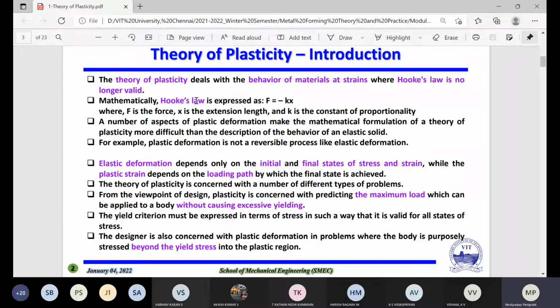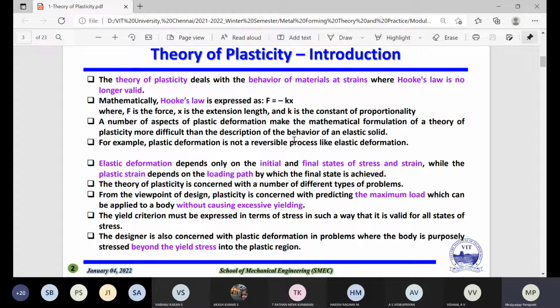If you remember Hooke's law, F equals minus kx, where F is the force and x is the extension length. For example, if you take a spring, when you stretch it, x is how much the length increases with respect to the initial one, and k is the constant of proportionality. This is the Hooke's law you studied in the past. And when Hooke's law is no longer valid, only then do we understand it as plasticity behavior.